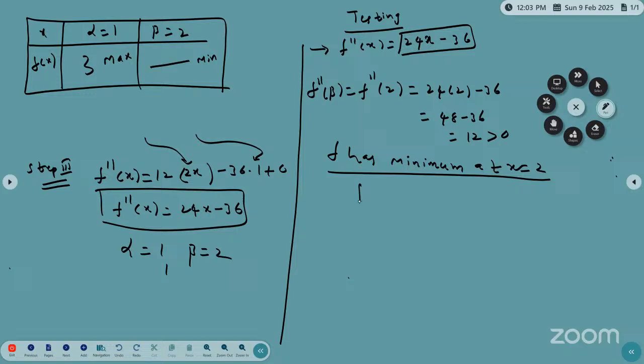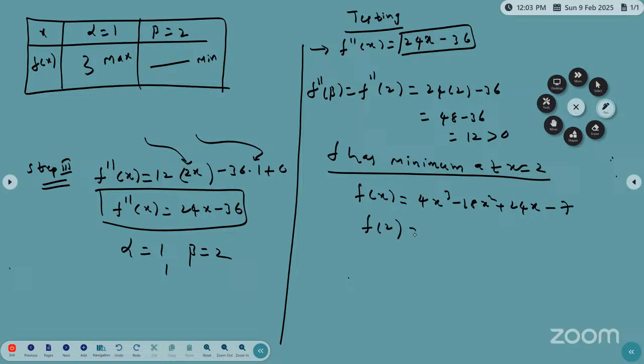What is the given function? 4x cube minus 18x square plus 24x minus 7.